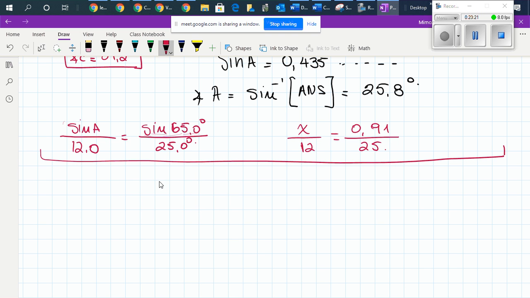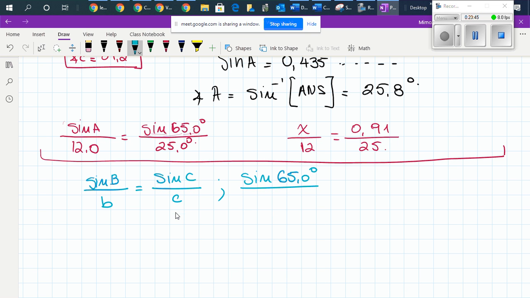And then we can use the sine ratios again, saying now instead of A and B, we may use B and C. So sine B over B is equal to sine C over C. And now what do we have here for sine B is sine 65 over, I think it was 65, huh?